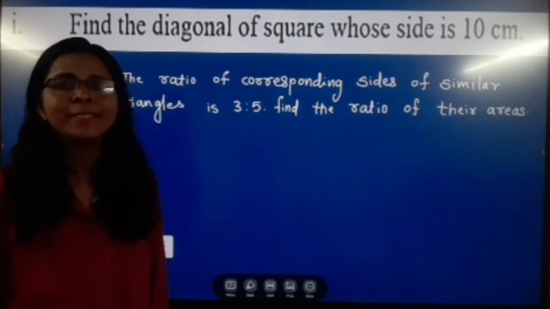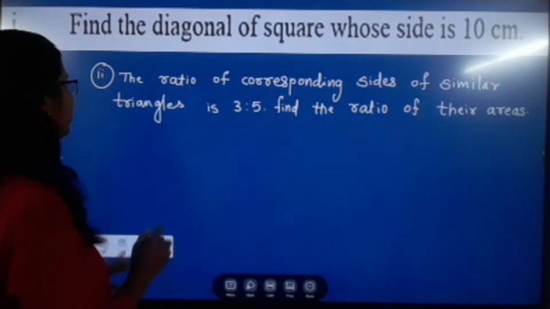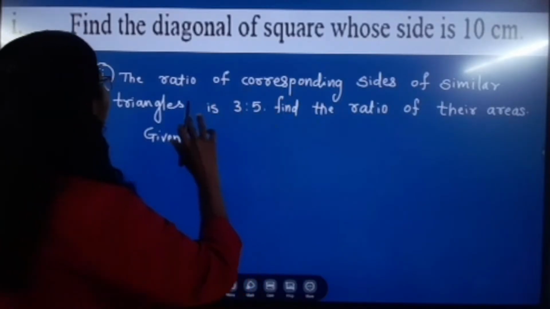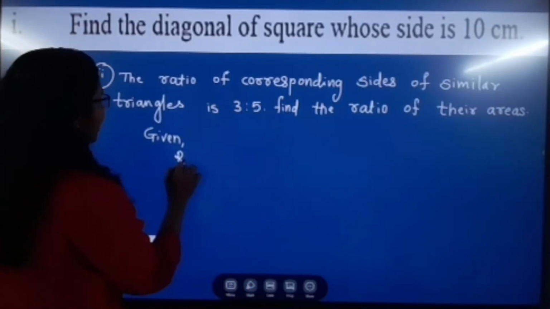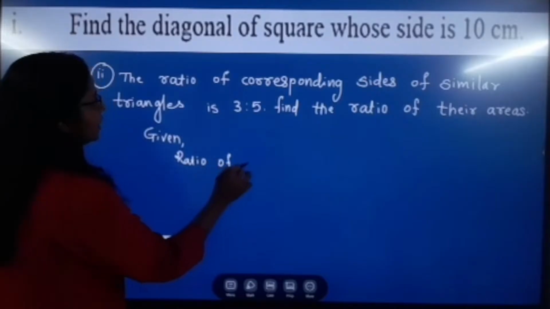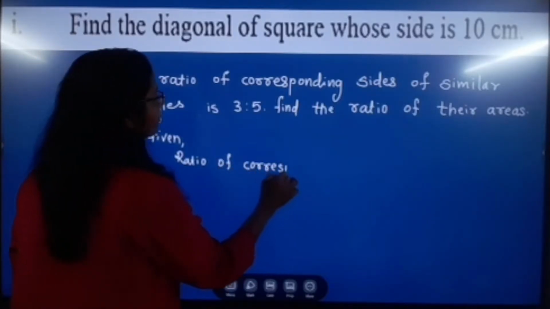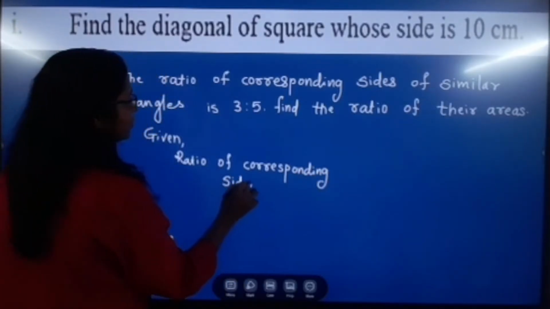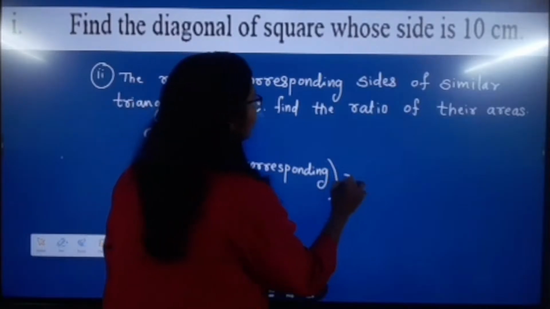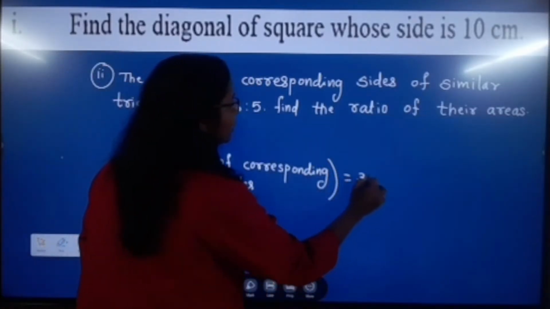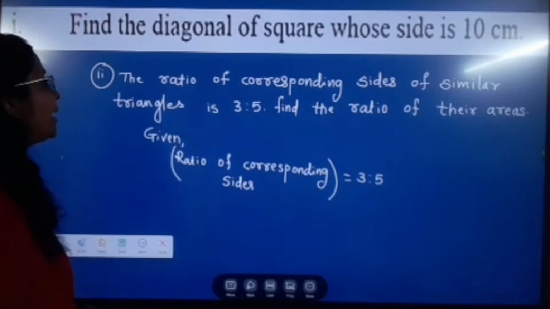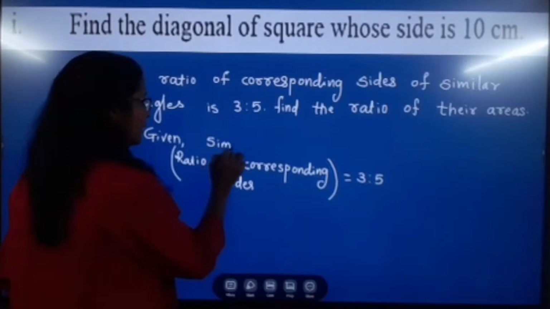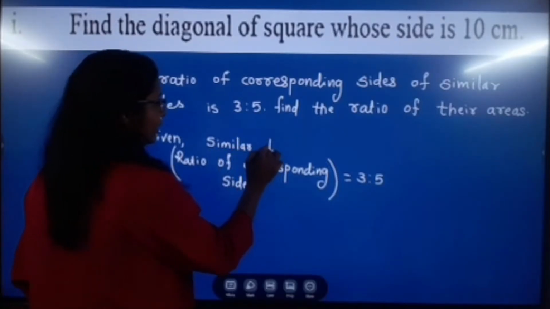So now, students, first we write down the given: the ratio of corresponding sides is equal to 3 is to 5, and there are similar triangles. So we mention here that there are similar triangles.